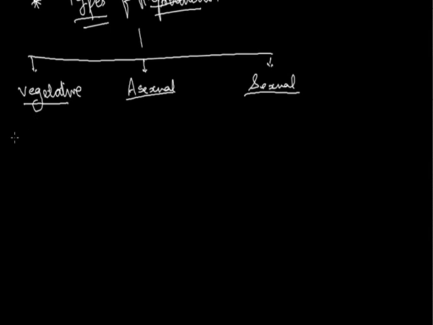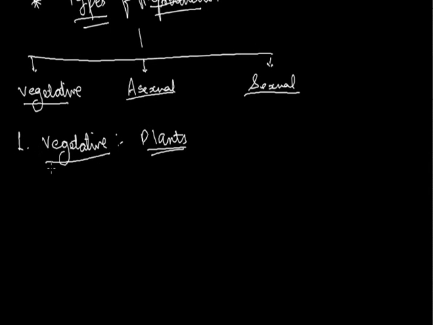First we are taking vegetative reproduction. This kind of reproduction is shown by the plants. Means this is the reproduction which is only shown by the plants, and not by all plants. The plants which are specific and which cannot show the sexual or the asexual type of reproduction, only those plants will show this vegetative type of reproduction.